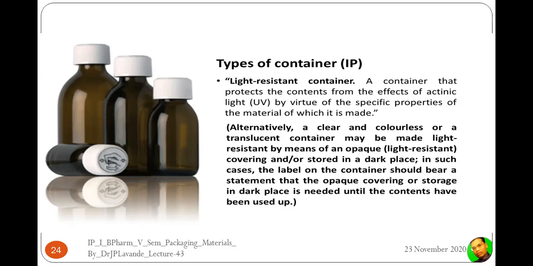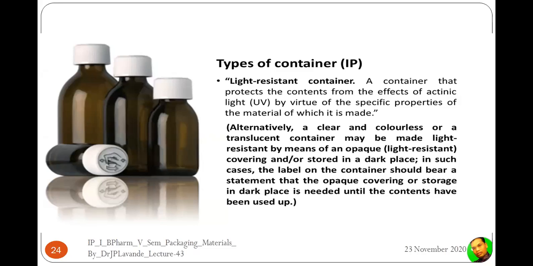In such cases, a label on the container should bear a statement that the opaque covering or storage in a dark place is needed until the content has been used up. So that means it is necessary to have a covering of suitable material which will not allow light to pass, and it has to be always kept in a dark place.